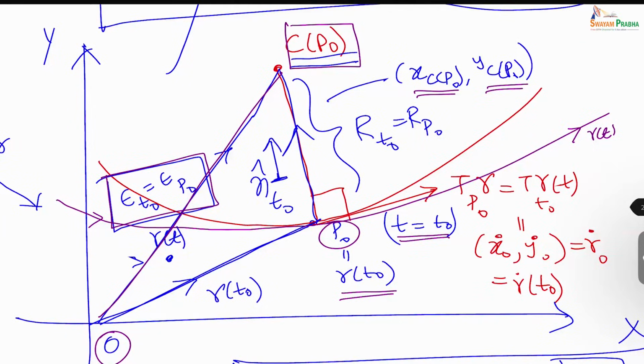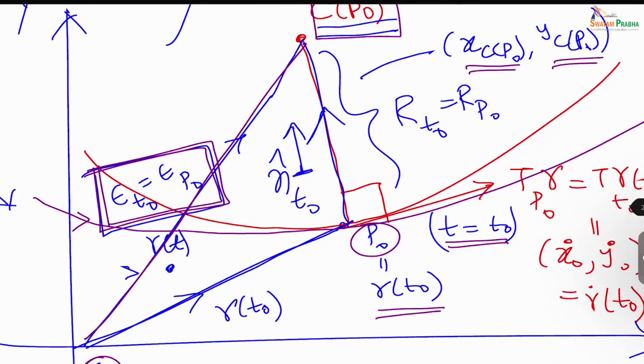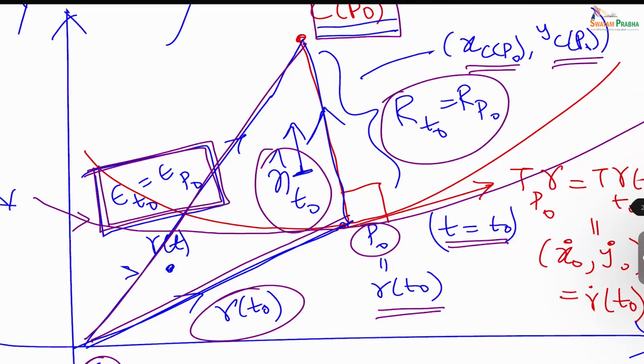That's the reason why I gave this notation epsilon t naught, and you can see by the triangle law of addition, this epsilon t naught is actually this position vector gamma t naught, added with this unit normal vector multiplied by the radius of curvature, which is actually this vector, okay, by the triangle law.